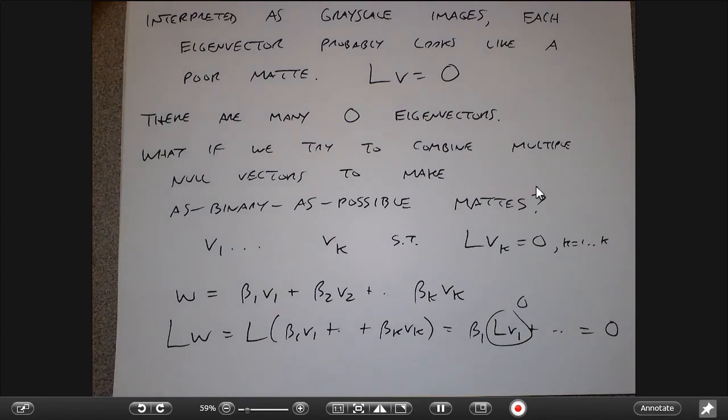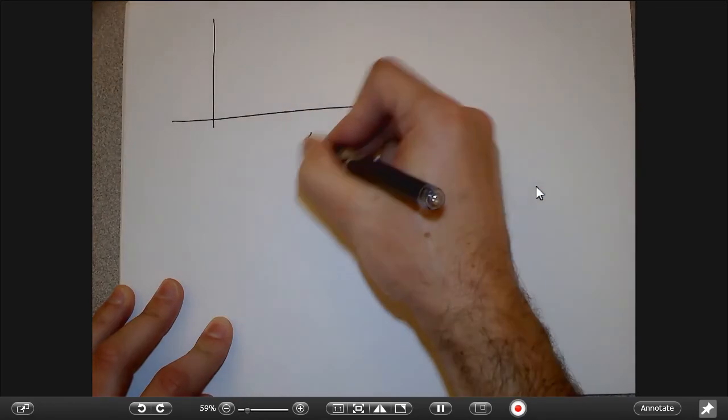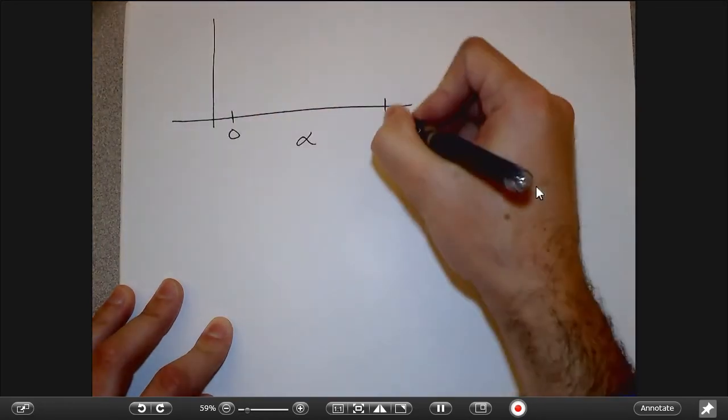But what I can try to do is arrange these in such a way that I get something that is better, or perceptually closer to a matte. How could I force it to look like a matte? I know that almost everywhere the matte is going to be almost 0 or almost 1. Remember that picture I showed you last time, the plot of alpha for a real image?